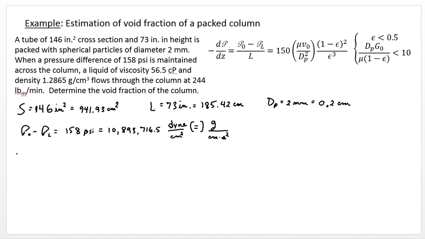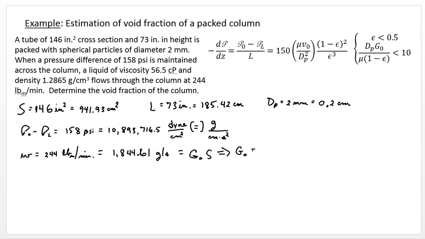Now we have the mass flow rate, W. W is equal to 244 pound mass per minute. And we can convert that to 1,844.61 grams per second. So 1.8 kilograms per second. And the mass flow rate is the product of the mass flux G naught and the cross-sectional area S. So we can then solve this for G naught, which appears in the correlations.